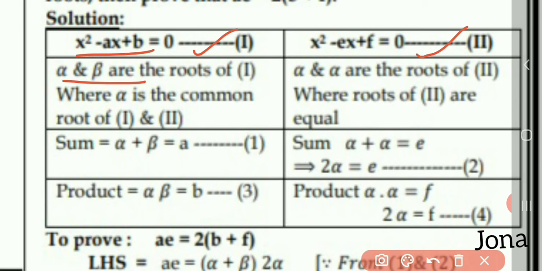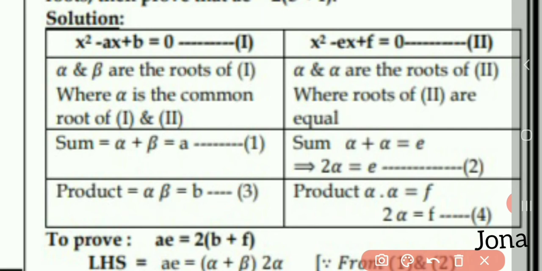Sum of the roots: alpha plus beta equals A. Then product of the roots: alpha beta equals B.